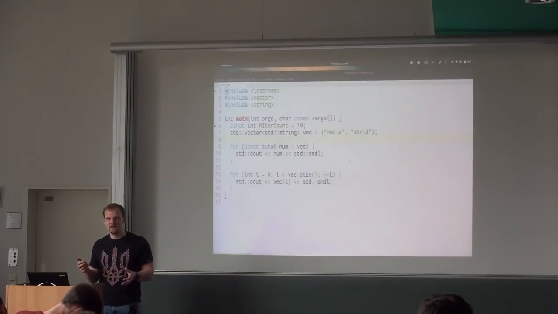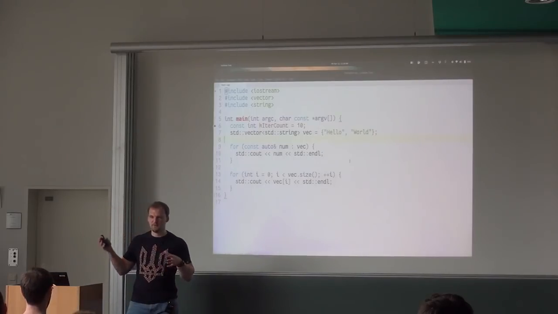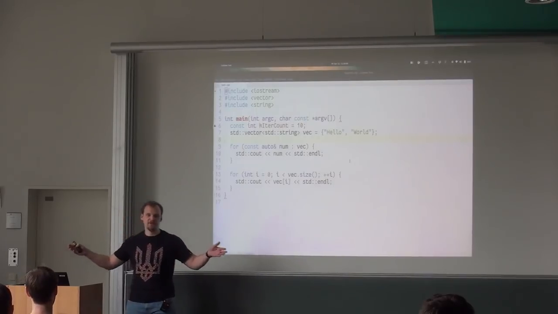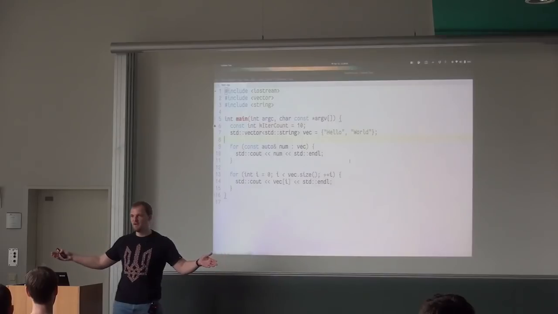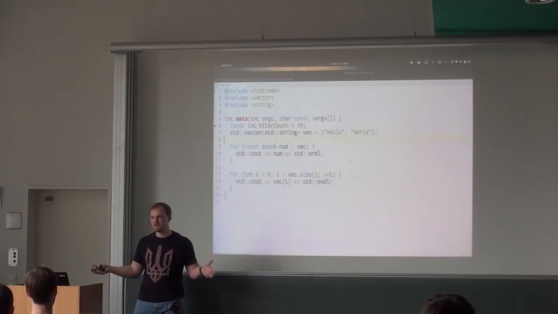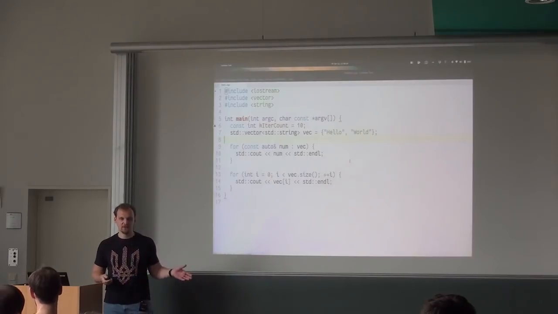Some people use long arithmetic where the numbers don't fit into any type anymore, but you still need to do operations on them, and they usually use strings for that. So they have a string which is, I don't know, 1,000,000 characters long, and they have to sum two of those strings. That's what they use them for. And this string can take hundreds of megabytes. So if we would want to copy it, it would take an insane amount of time. We don't want to copy it, that's why we use the const reference here.